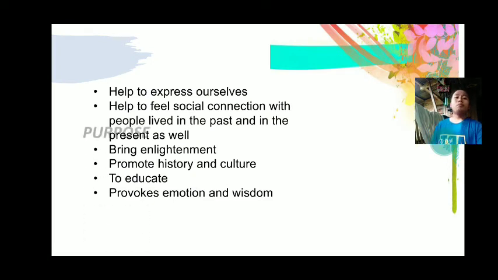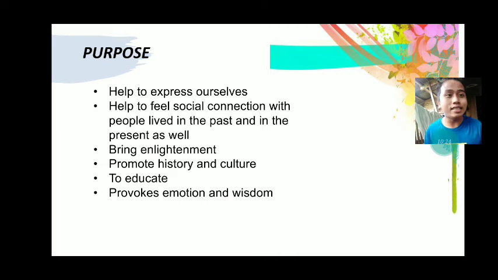Then, the purposes. Okay, it helps to express ourselves. It helps to improve ourselves, to show the version of ourselves: who we are as a person, who we are as a citizen in the country, or who we are in the world as a whole.